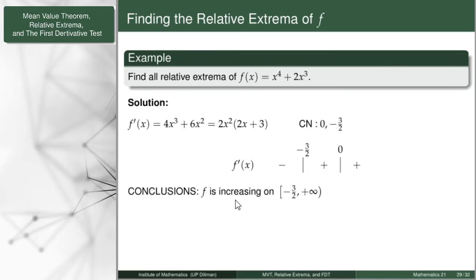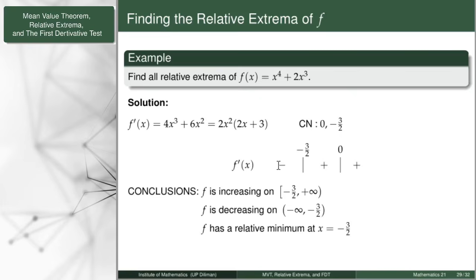That means you are increasing from negative 3/2 to positive infinity, closed, because you are positive on the open interval here. You are decreasing on negative infinity to negative 3/2. You can actually also place a closed bracket here, but this is also correct.